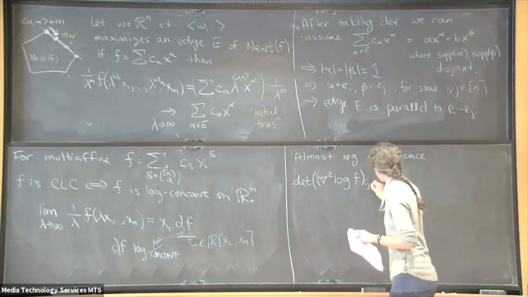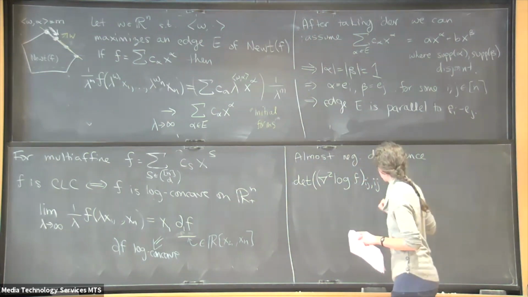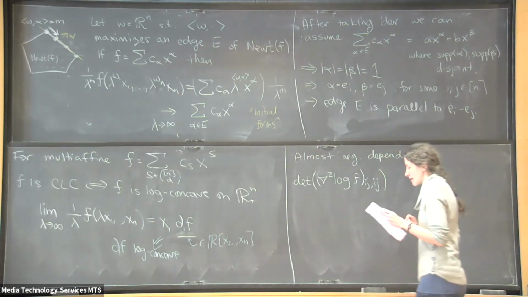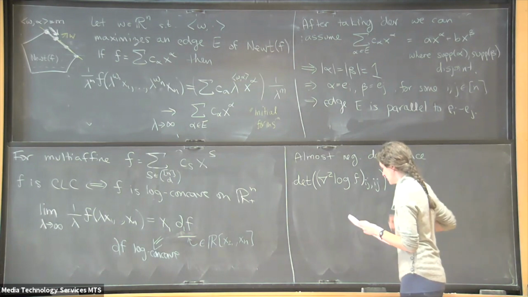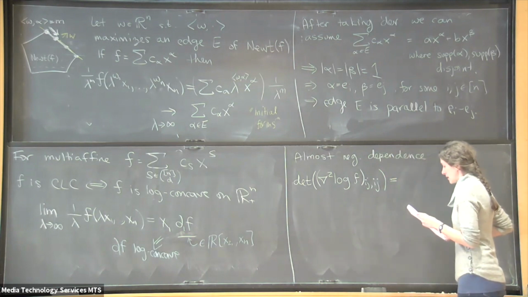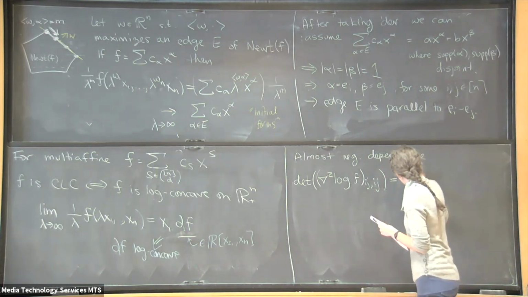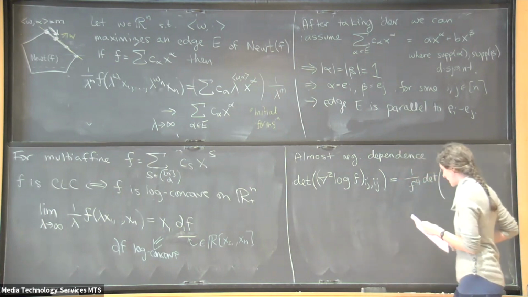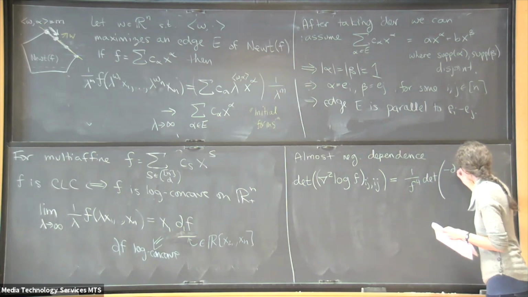Let's say we pick two coordinates and take the corresponding 2x2 minor. If we actually work it out, this will be the determinant of a 2x2 matrix.